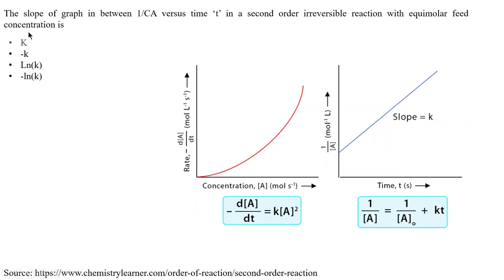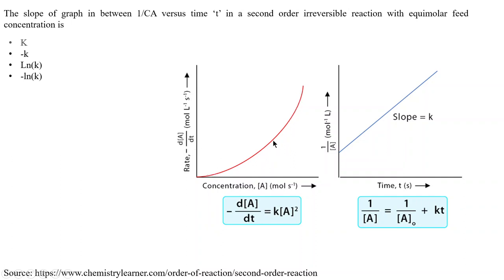So for this question again, the slope of graph between 1 by Ca, that is 1 by concentration of A, versus time t in a second order irreversible reaction with equimolar feed concentration is. The rate, that is dA by dt, the decline of A with respect to time, is shown here.